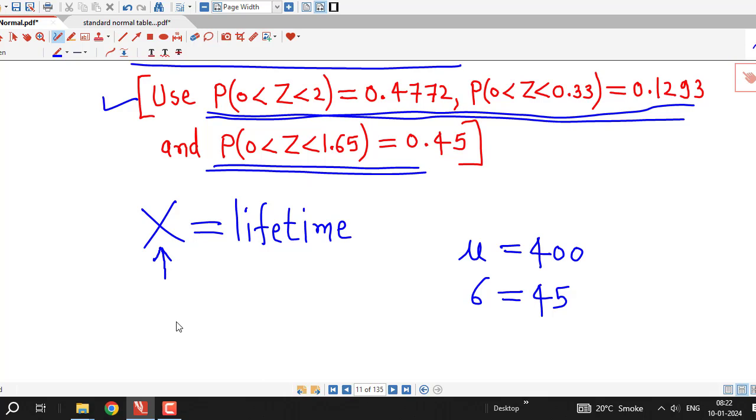So we can say that this capital X is a normal random variable with mean mu equal to 400 and standard deviation sigma equal to 45 hours.